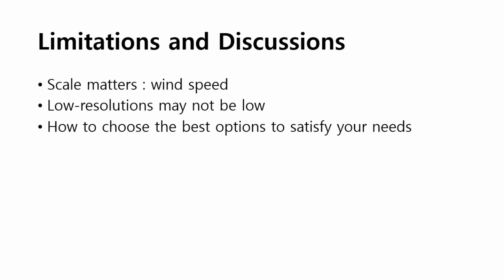So in this case, spatial resolution at 20 kilometers or 50 kilometers is not really low resolution any longer. So it really depends on your purposes, your interests, and what kind of process you want to look at.